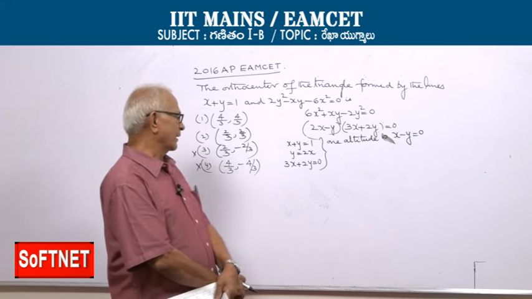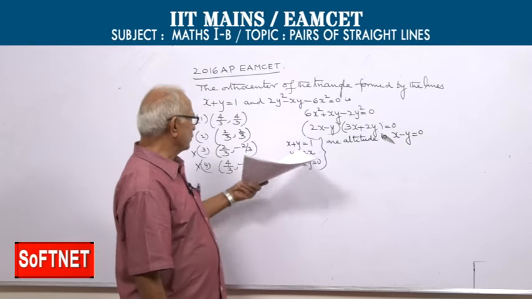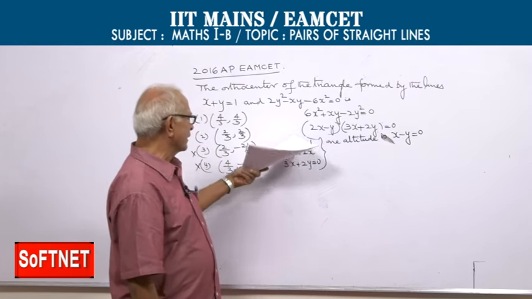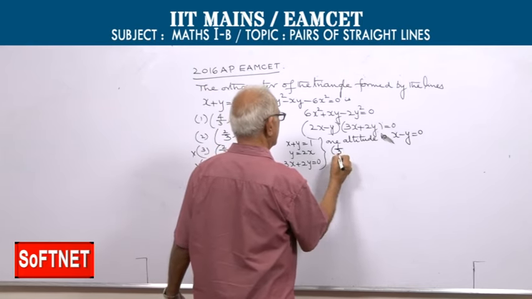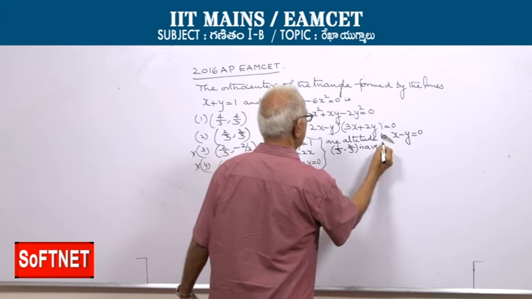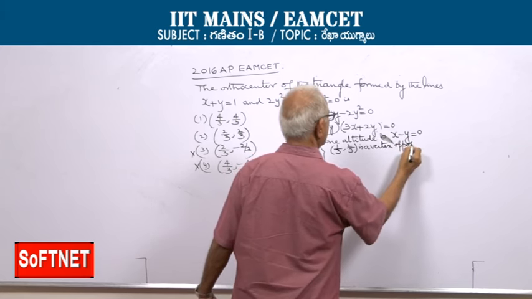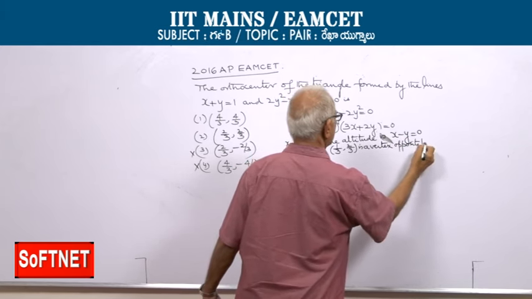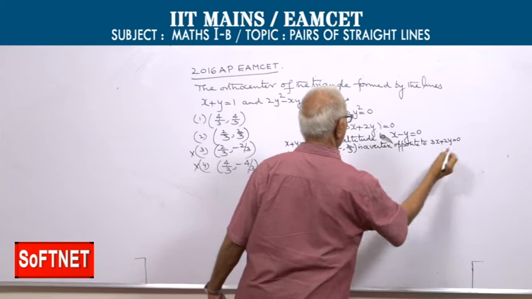ఇంకో ఆల్టిట్యూడ్ కావాలి మనకి కదా. ఇంకో ఆల్టిట్యూడ్ కావాలంటే y = 2x దీంట్లో పెడదాం. ఈ రెండు పాయింట్ ఆఫ్ ఇంటర్సెక్షన్ కడదాం. వన్ వెర్టెక్స్ ఈజ్ y = 2x పెడితే 1/3, 2/3 ఈజ్ ఎ వెర్టెక్స్ opposite to 3x + 2y = 0. సో ఇంకో ఆల్టిట్యూడ్ ఏమవుతుంది?